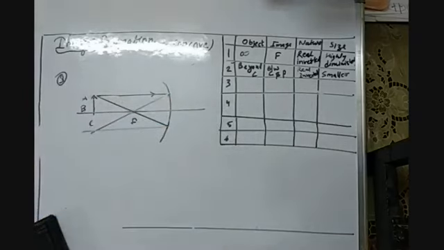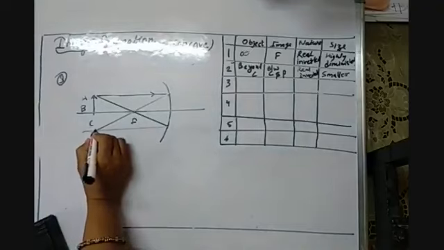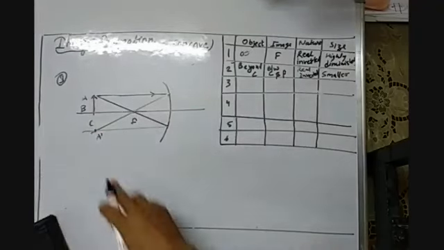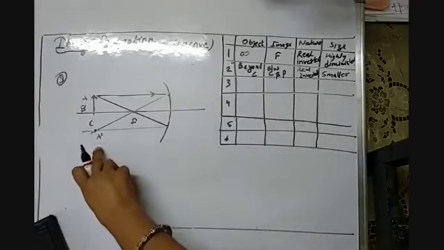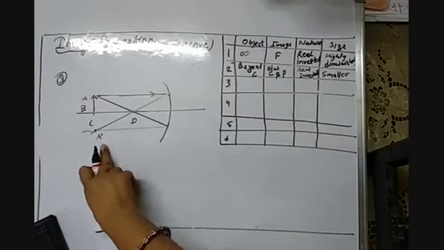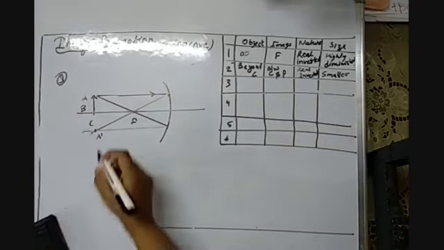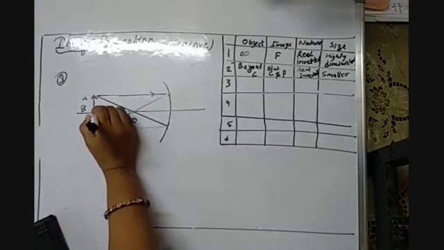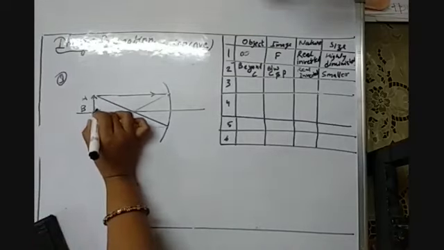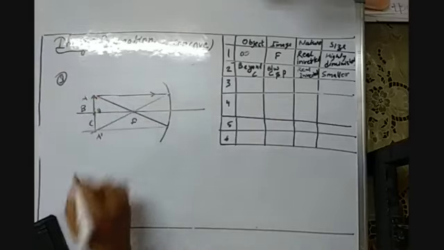So here you will find that the image, A dash, will be obtained here. The image point is A dash and it is the image of point A. So we have to put a perpendicular on the principal axis. We will find B dash, or here this will be B only.